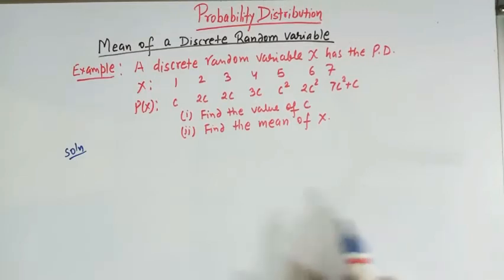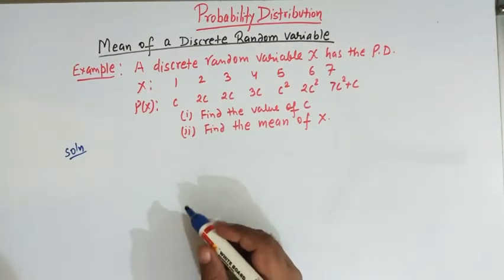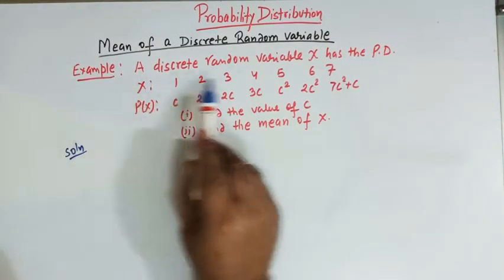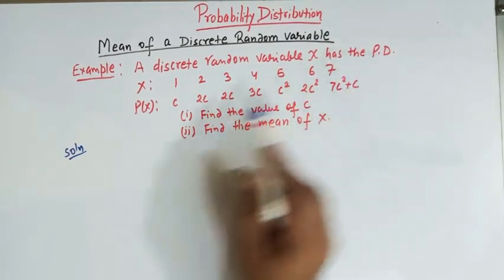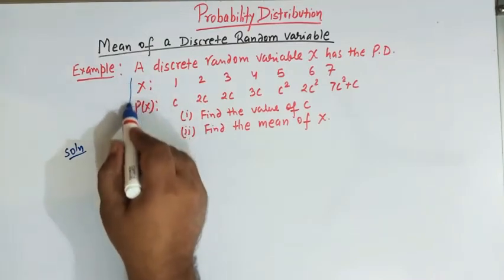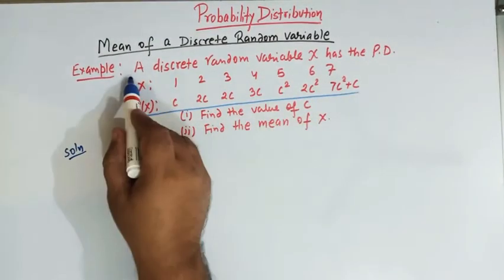Now let us take one more important example. So here we are given a discrete random variable x, which has the probability distribution given by this table here.